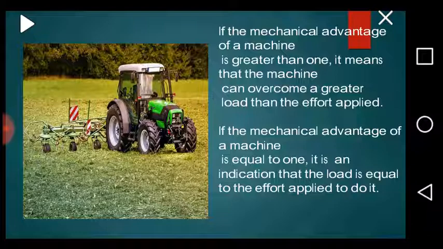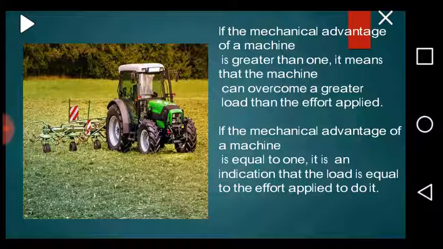If the mechanical advantage of a machine is greater than 1, it means that the machine can overcome a greater load than the effort applied to the machine. If the mechanical advantage is equal to 1, it means that the load is equal to the applied effort.